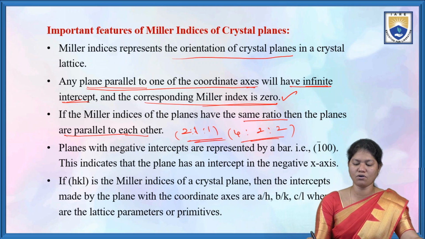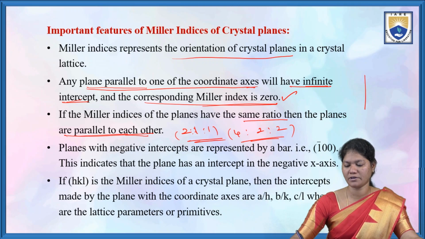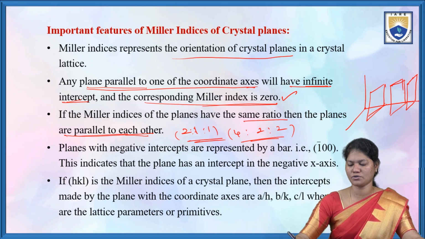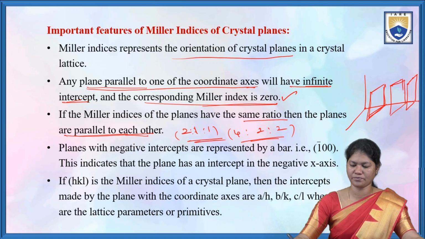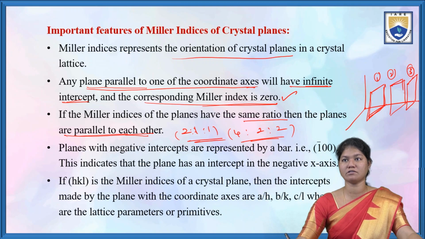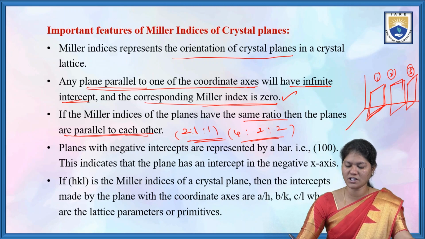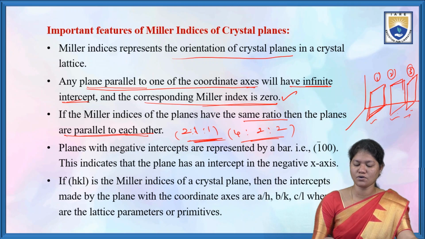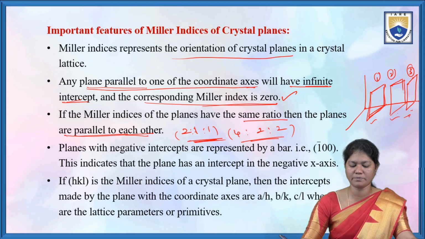Similarly 1, 2, 3 and 2, 4, 6. So the Miller indices of these planes have the same ratio, and if the Miller indices of the planes have the same ratio, then the planes are parallel to each other.